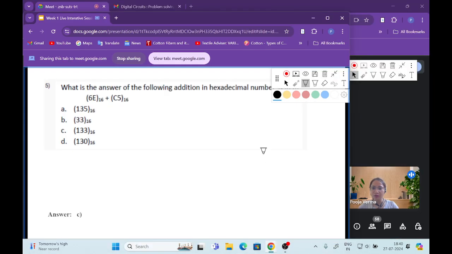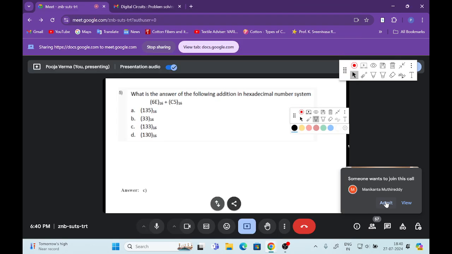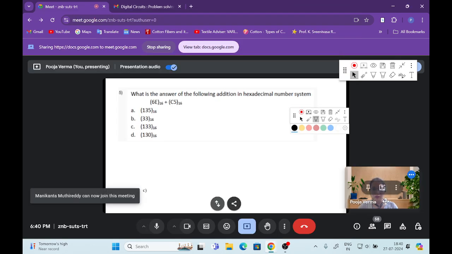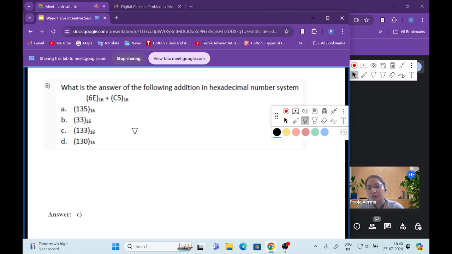Okay. So moving to the next question. Question number 5. What is the answer of the following additions in the hexadecimal number system? So how will you add in a hexadecimal number system?